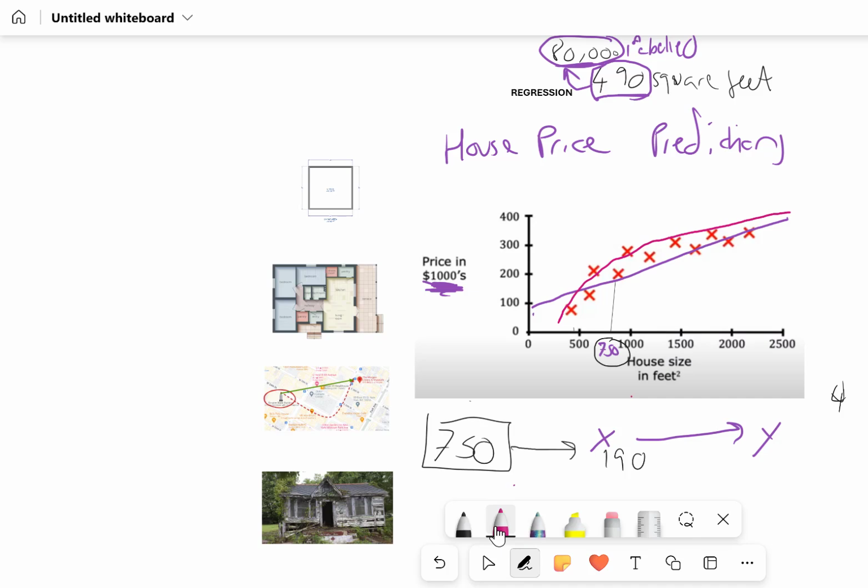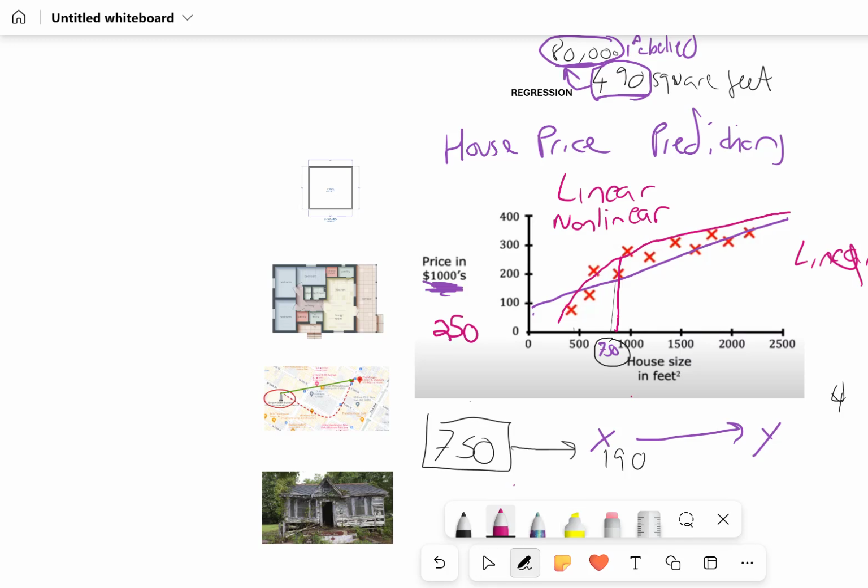So when we use the 750 again, in terms of square footage, it is actually closer to 250 rather than what we had before, which is 190. So it's another way we can train our model. We can train it using linear, oops, I've got off the screen, so linear or non-linear.